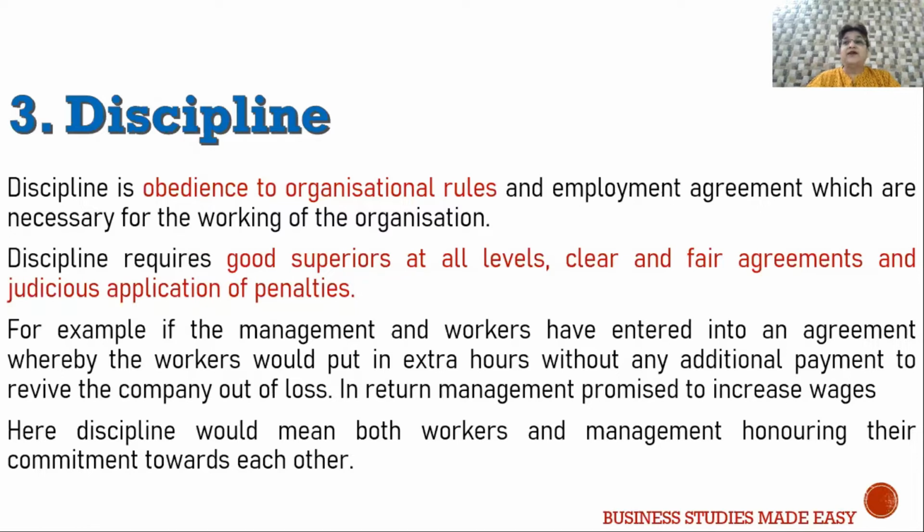But the management never kept their part of the bargain. The workers worked and they produced extra, but the management did not meet their commitment. This was lack of discipline on the part of the management. So discipline means that both the workers and the management should meet their commitment towards each other. So the third principle is that of discipline.